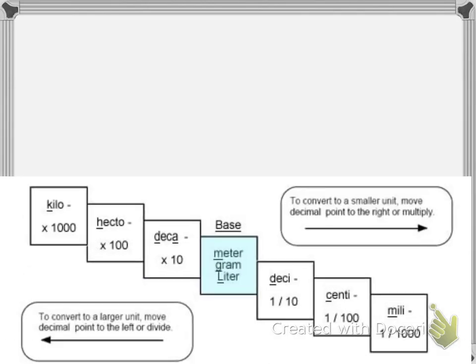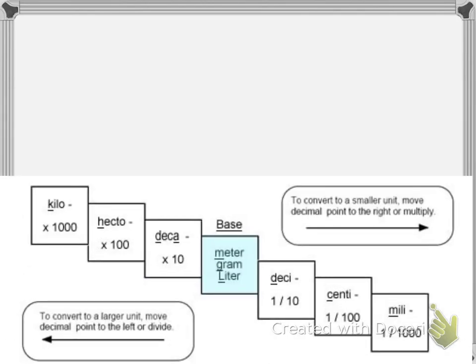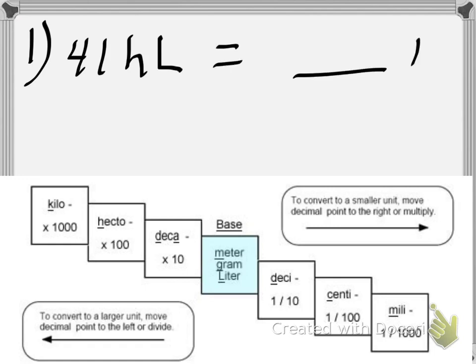Then we'll do one last one. We will do L, which is 41 hectoliters to liters. So once again, we're starting with hectoliters. Hecto, think of the H for 100 hectoliters, and so we're going down to liters.